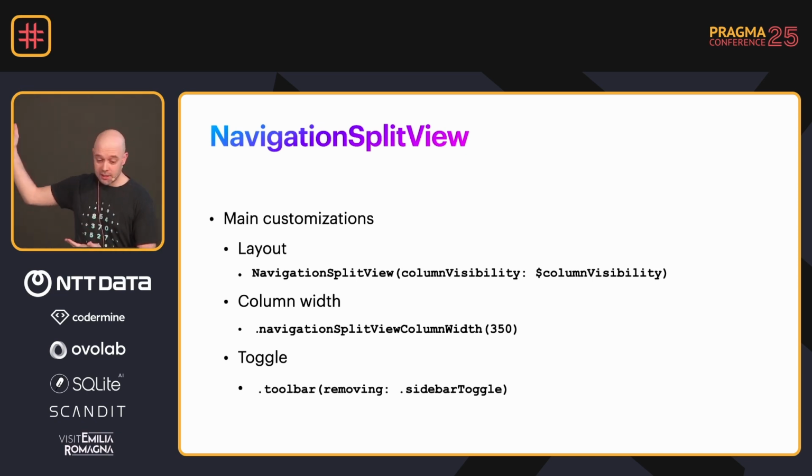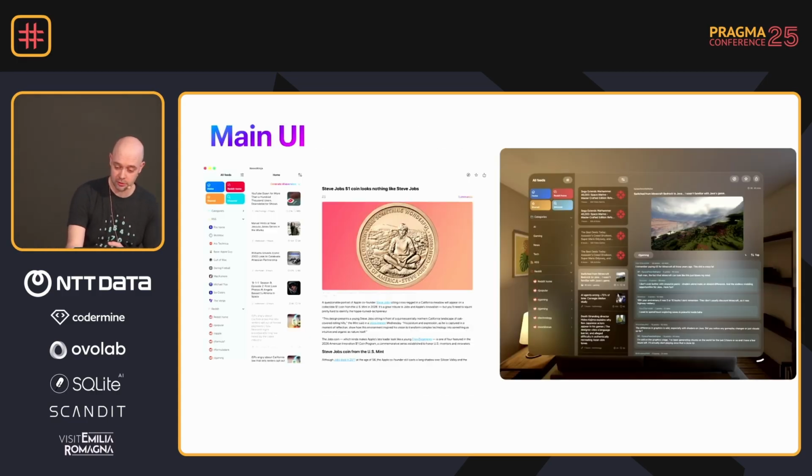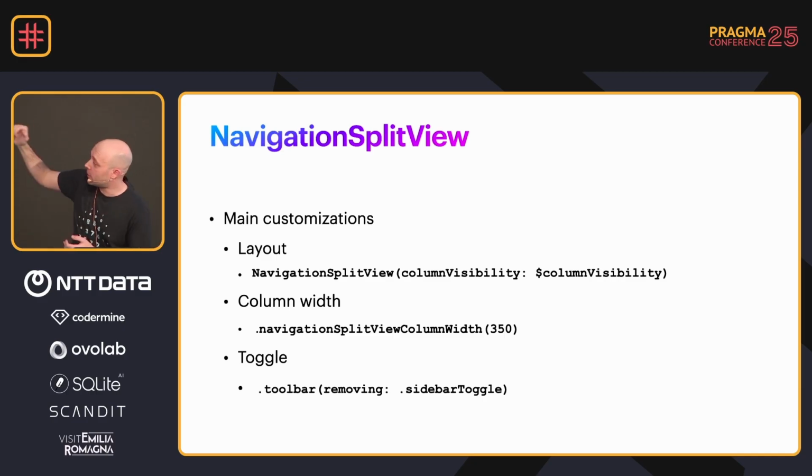You can customize the width of the column, and as I said before, the toggle. Let me go back one second: on macOS and visionOS there is no toggle to hide and show the sidebar, and you basically use the toolbar removing sidebar toggle property to remove that button.